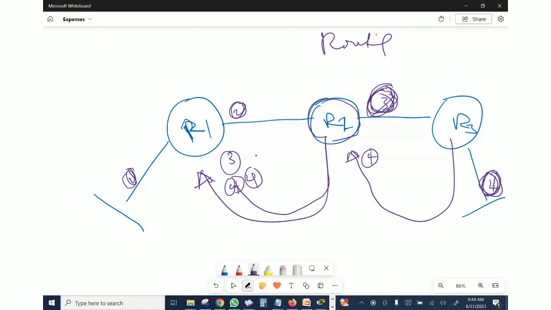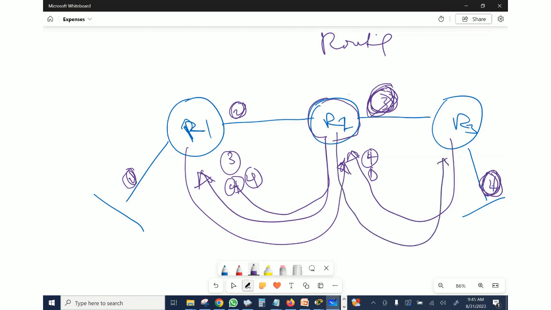This will happen in reverse manner. R1 also will tell R2 that I have network 1 connected to me. Can you see the record on R2 now? R2 now has a record of 4 and 1. So R2 as well will tell R3 that I have 2 connected to me.